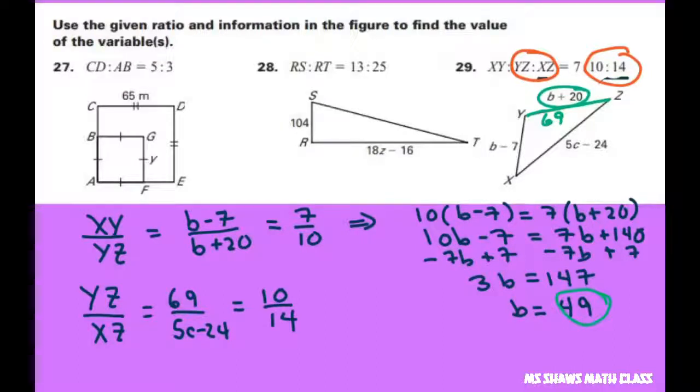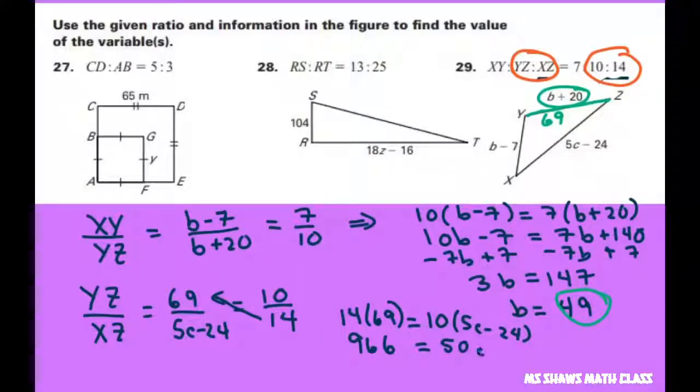So cross multiply, we get 14 times 69 equals 10 times 5C minus 24. So 14 times 69 is 966, equals 50C minus 240. Subtract 240 from 966.